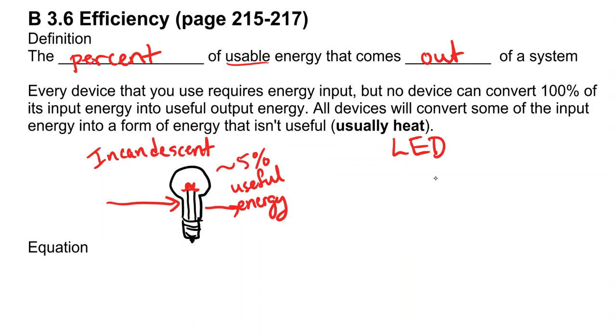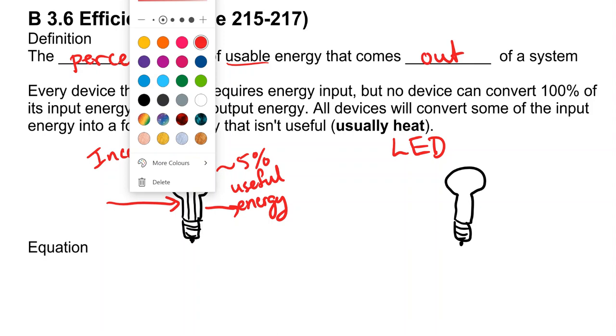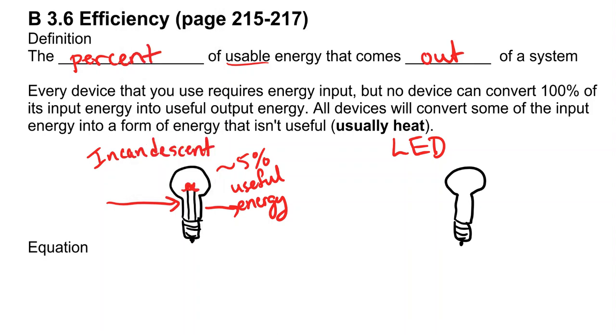Whereas if we were to look at an LED light bulb, shaped pretty much the same way, in here there's going to be some housing that has an LED. I don't even really know what it looks like on the inside because I've never taken one out. But this LED is going to be shining a whole lot brighter for the same amount of energy input.